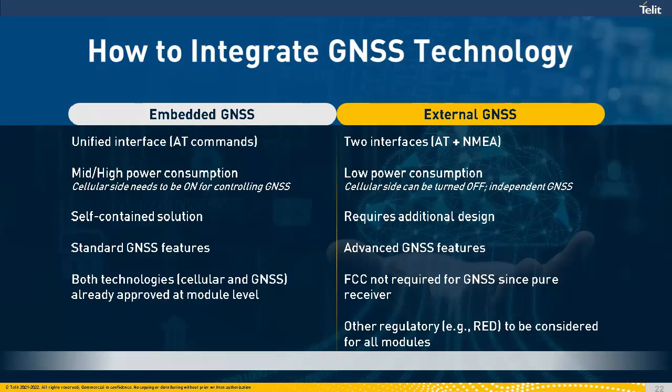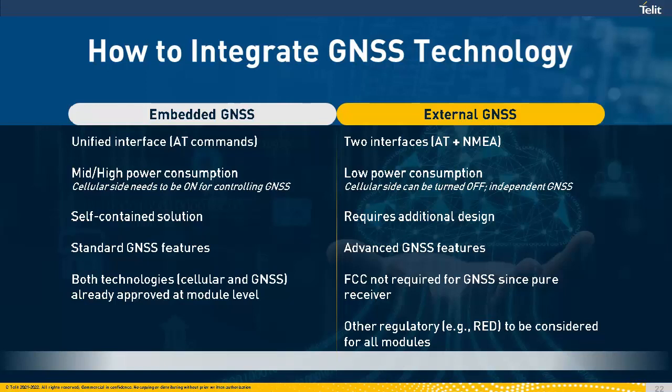On the other hand, the external GNSS offers a higher grade of flexibility, offering two interfaces. One is the AT interface of the cellular, and the other is an NMEA interface for the GNSS module. Usually it has a better, lower power consumption, since the cellular part can be completely switched off when only the GNSS is in use and be independent.